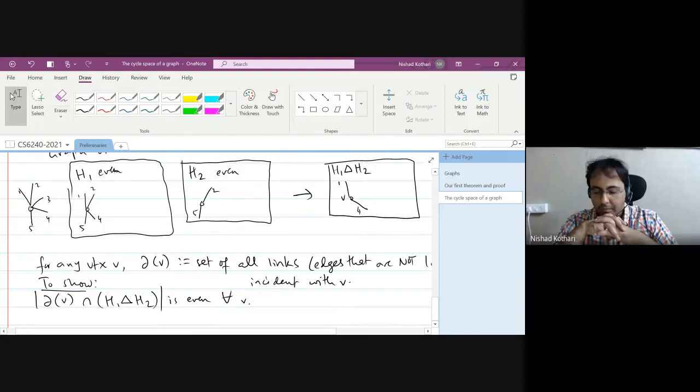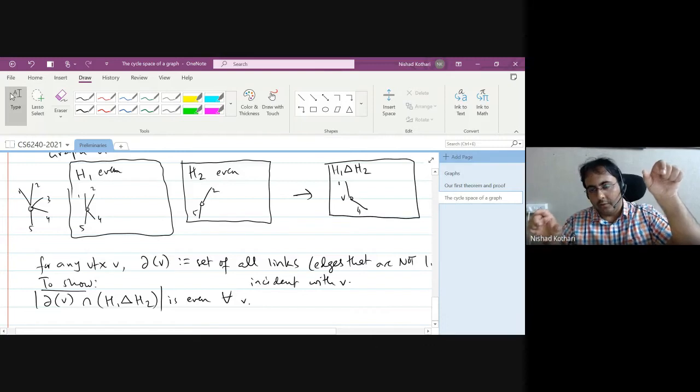Supposing the intersection of the two sets is odd, then if you look at the vertex V in H1, if you remove the intersection, you will have an odd number of edges at the vertex. In the same way, in the graph H2, you will have an odd number of edges at the vertex V, because I'm throwing away the intersection, which is an odd number. And so what remains is odd in the other one. And then you add them up, you get even, right?